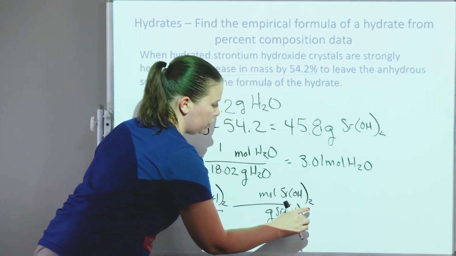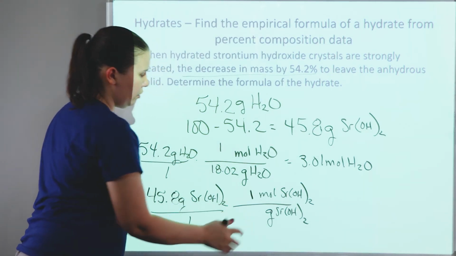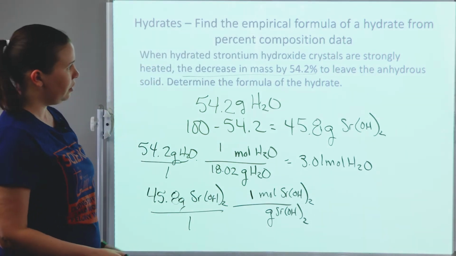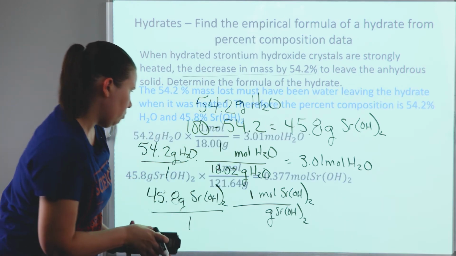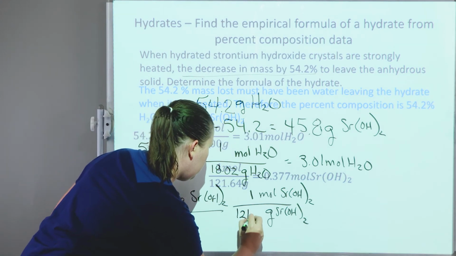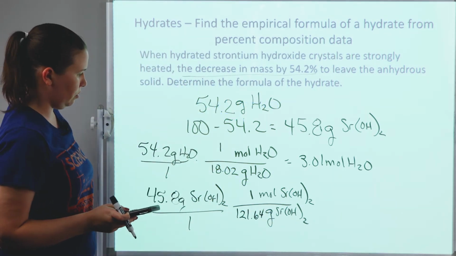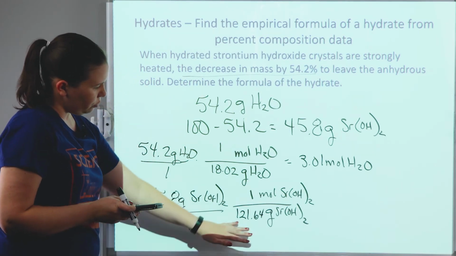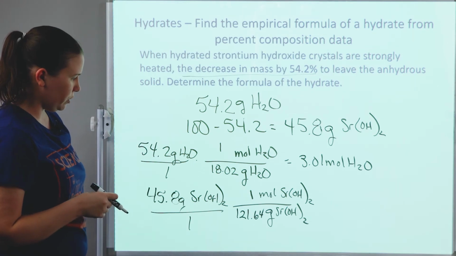Watch your parentheses, because it is 2 hydroxides, not just 2 hydrogens. 1 mole, and now I need the molar mass of strontium hydroxide. I should have looked at that earlier when I was kind of cheating. It's 121.64. I know that's hard to see, let me go back. Here we go. So the molar mass of 2 hydroxides plus a strontium would be 121.64.